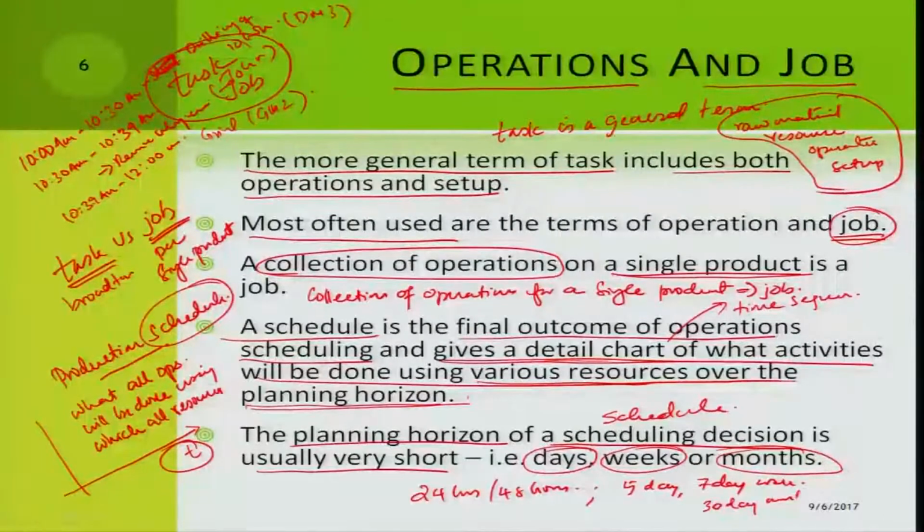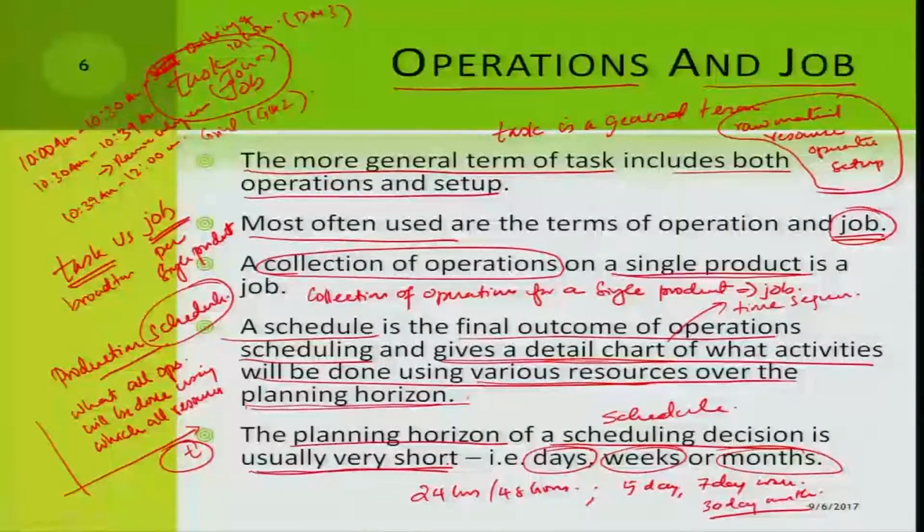Rarely do we go to that long of a duration. We usually plan within days and weeks. You don't do production scheduling for a huge long time period. You can have a rough schedule, but the actual schedule is done for a very short time period. That we need to remember.